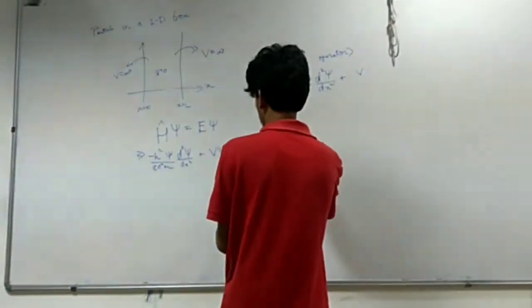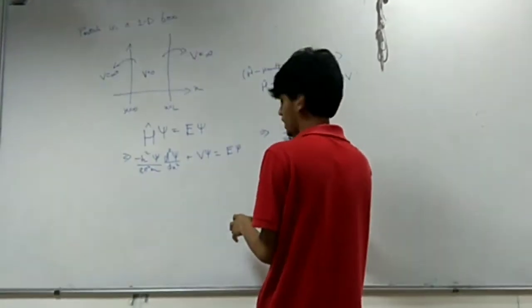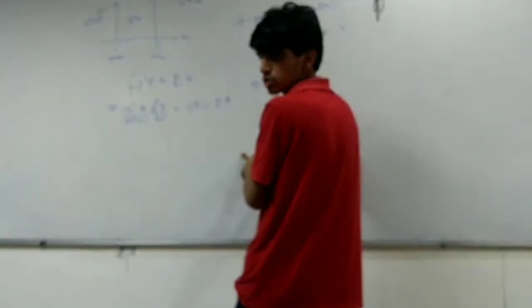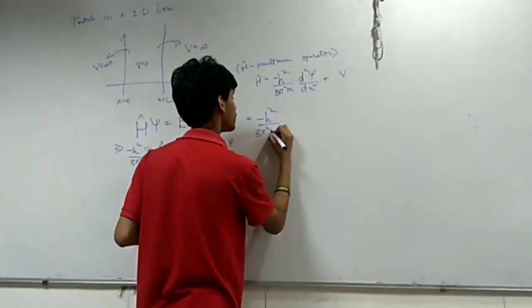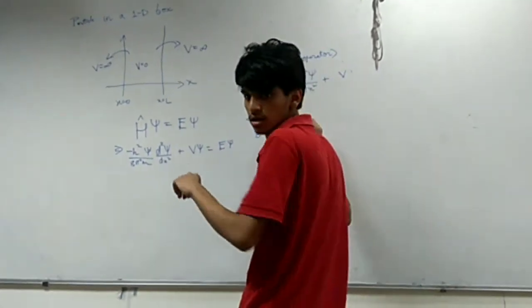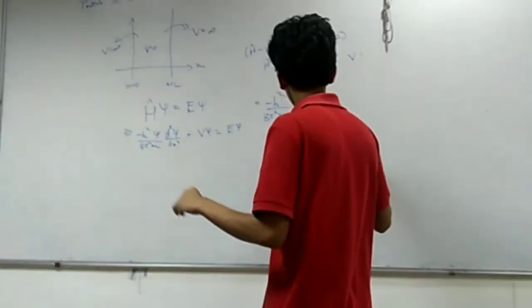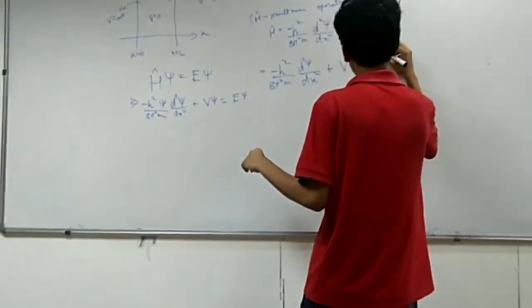And on rearranging this equation, we get minus h square by 8 pi square m d square psi by dx square plus V psi minus E psi is equal to 0.